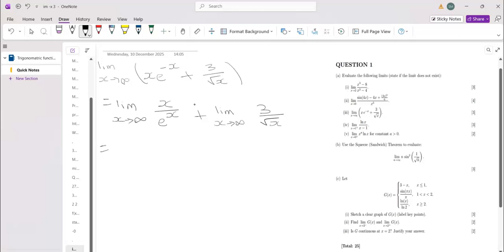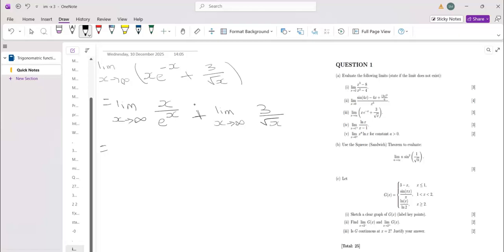So now here we have the limit of x over e to the power of x. If we substitute infinity here and infinity here, we're having infinity over infinity, which is an indeterminate form. So now we can apply L'Hospital's rule to find the limit of this.